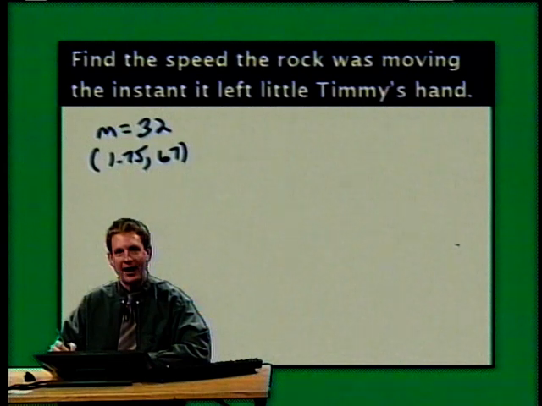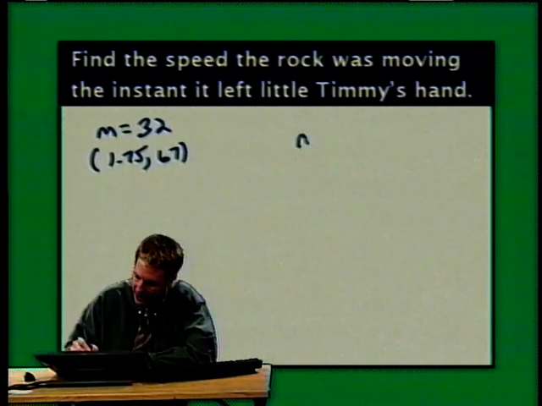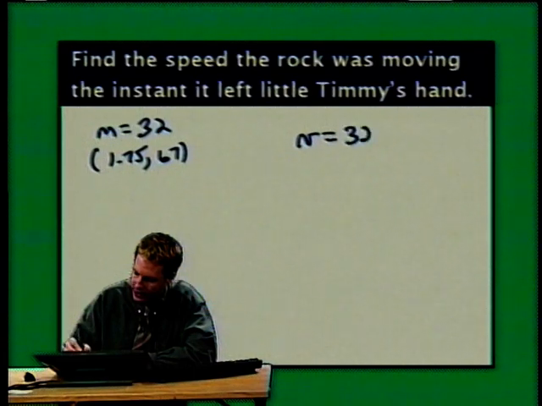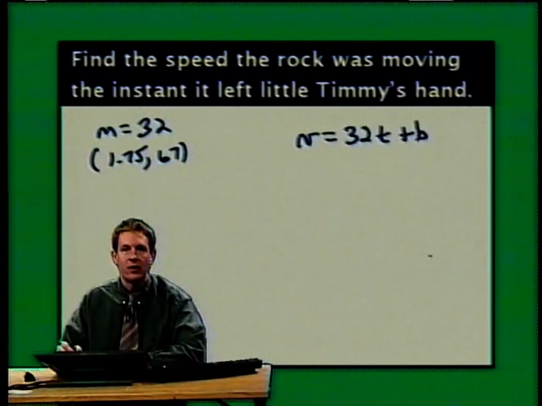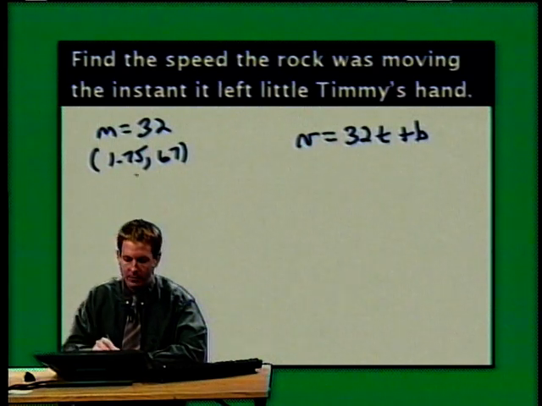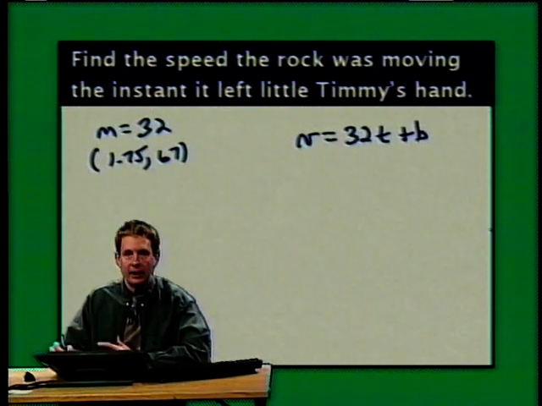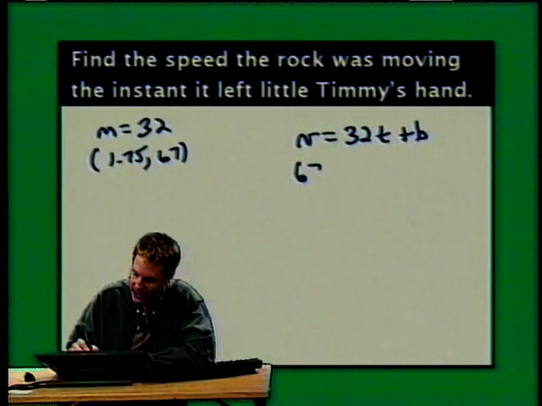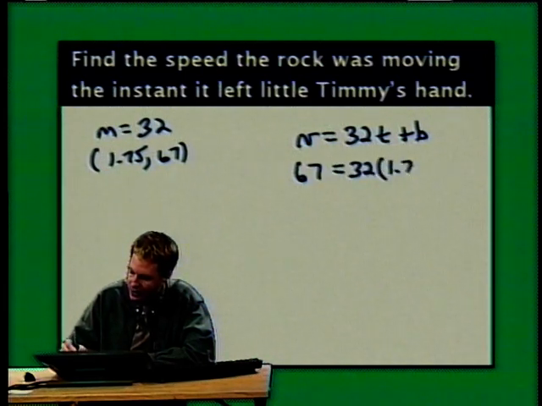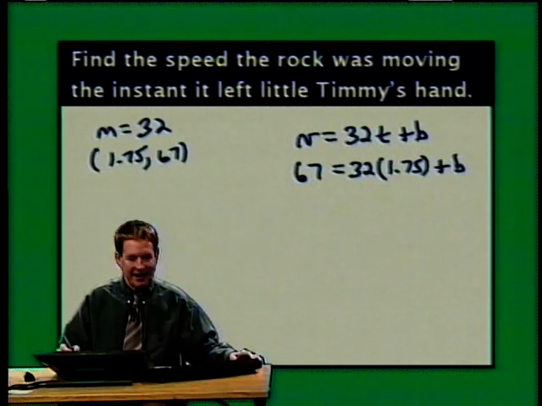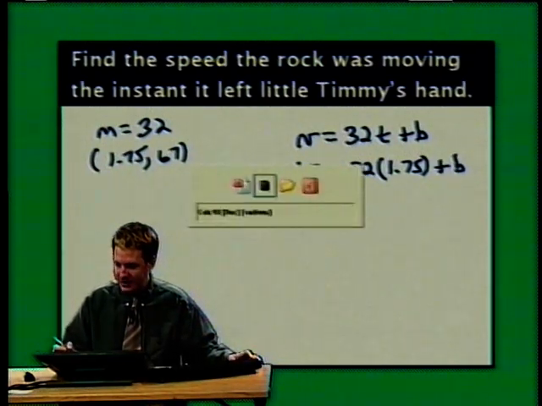Since the slope of the line is 32, the form of the equation of this line must be v equals 32 times t plus b. We also know that the line passes through the point (1.75, 67). That tells me that the value of v is 67 at the instant the value of t is 1.75. Let's get out a calculator to help us with our arithmetic.